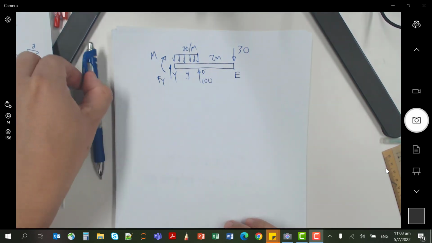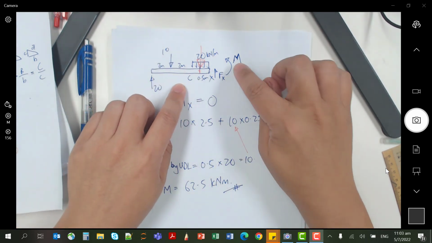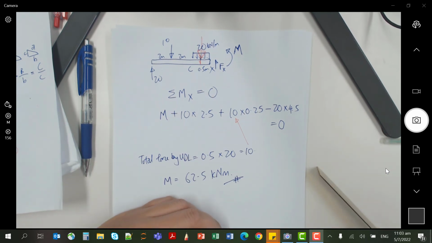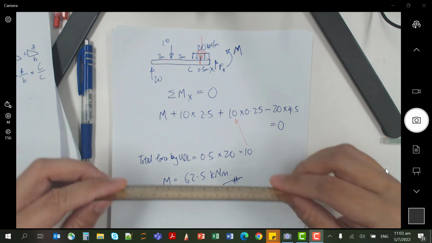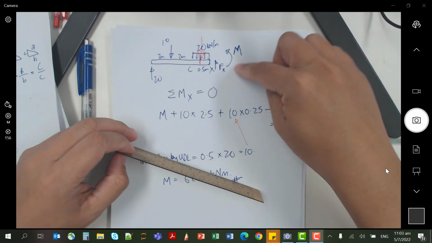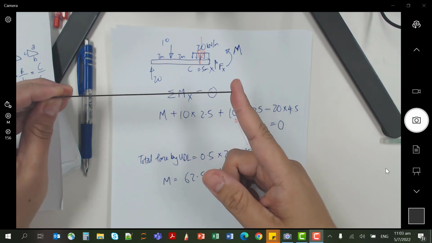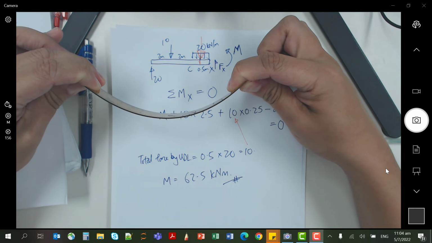My simple guidance would be, the beam that you look at, when you draw the moment, make sure the moment is making the beam smile. For this case, when you look at the left hand side, the moment that you draw is anti-clockwise, because when you draw anti-clockwise, it will make the beam smile.